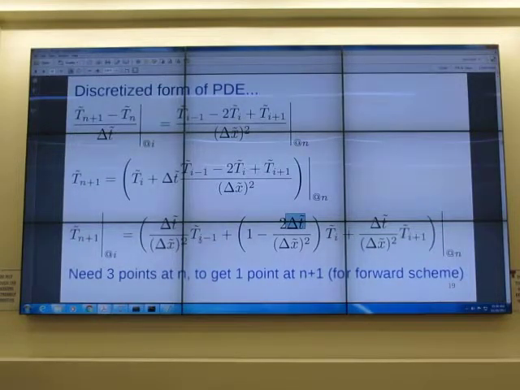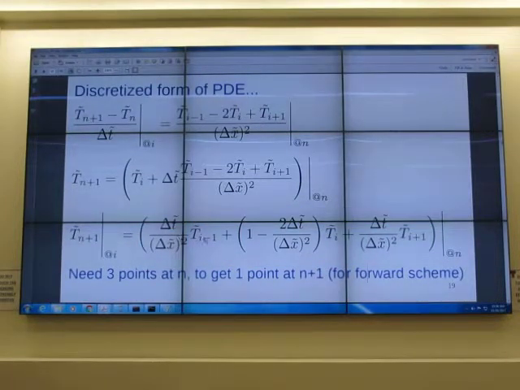T tilde at i equal to 1 is not the same as at i equal to 2. It's not the same as at i equal to 3. But you can still write it in this kind of form. You just have to tweak a little bit in the code, right? You have to do something in the code.